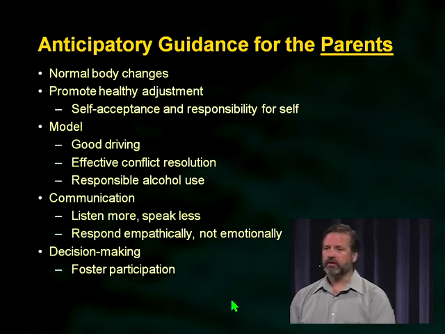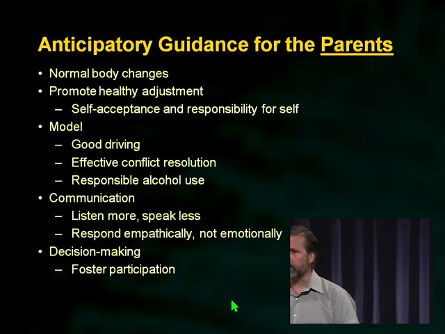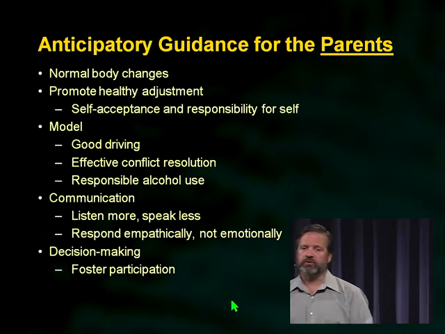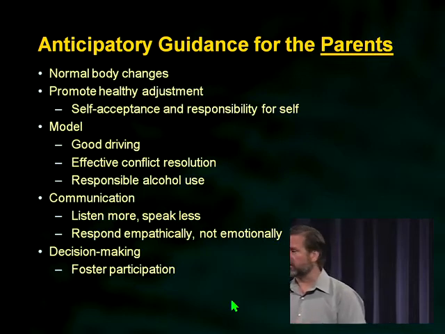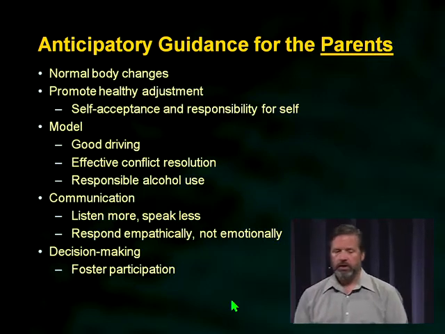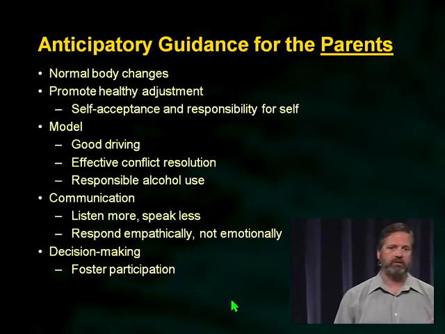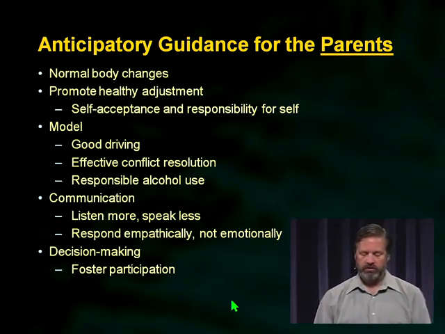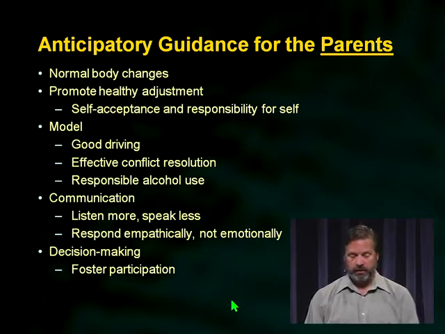How do they handle frustration? What kind of drinking habits do they have? What kind of habits do they have around motor vehicle use? Do they wear a seatbelt? Do they drive responsibly? So adolescents pay keen awareness to this kind of stuff in their parents. And so the parents need to recognize that this is an important piece of what they're modeling for their kids.